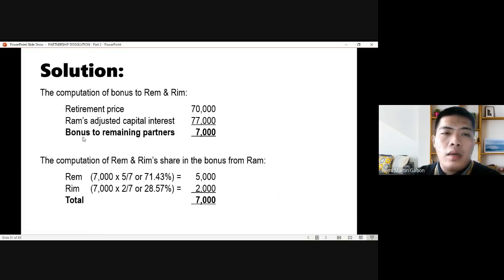Then bonus to remaining partners. So the bonus method will be assumed here. Bonus to remaining partners is 7,000. Then REM and RIM will share in the bonus of 7,000. So for REM 5,000 and for RIM 2,000.